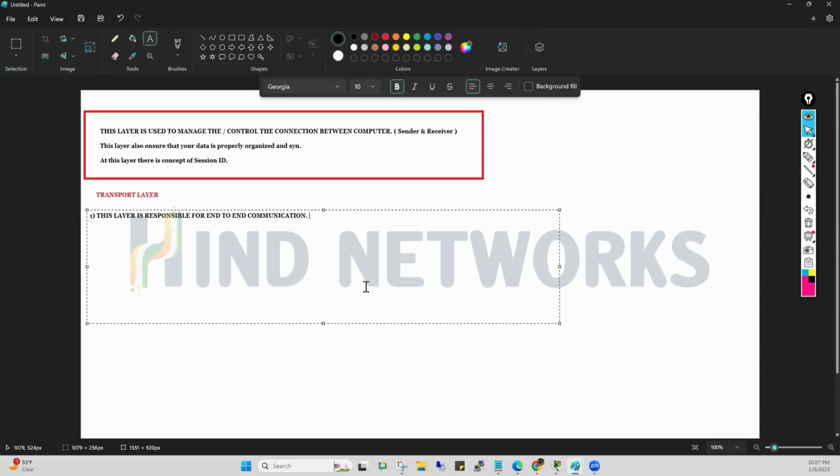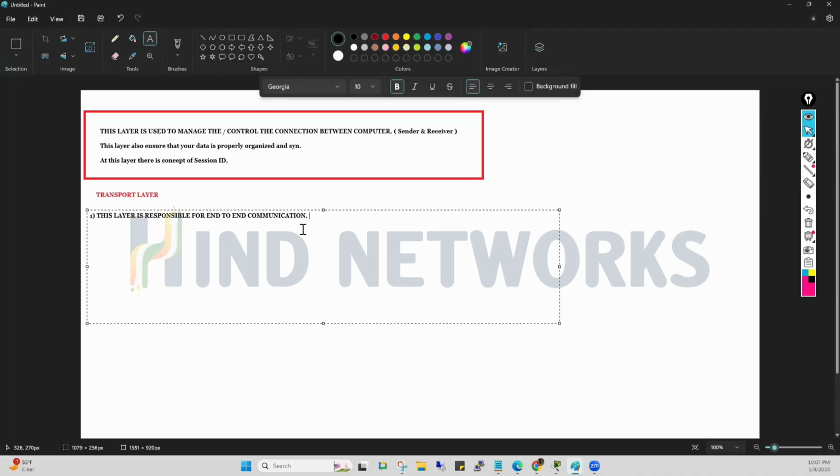Right? In the same way, that is the sender device, that is the receiver device. First of all, both devices establish a proper connection with each other. After that, both devices will exchange things with each other. Getting my point?